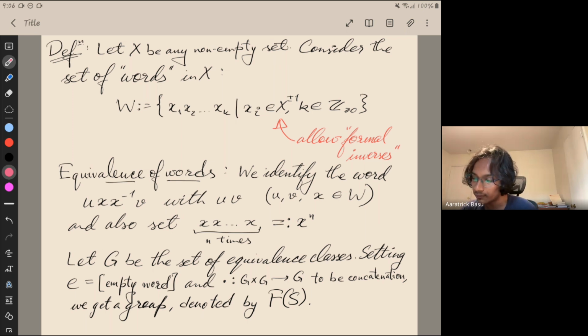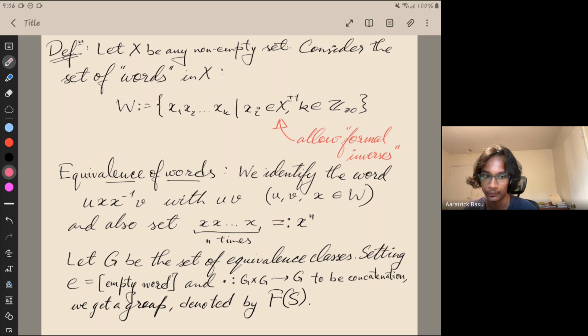And we introduce an equivalence of such words. The equivalence is, again, pretty natural. We just identify words of the form U X X inverse V with the word UV. So whenever you have some phrase and its inverse appearing consecutively, you cancel, so to speak, and shorten that word.